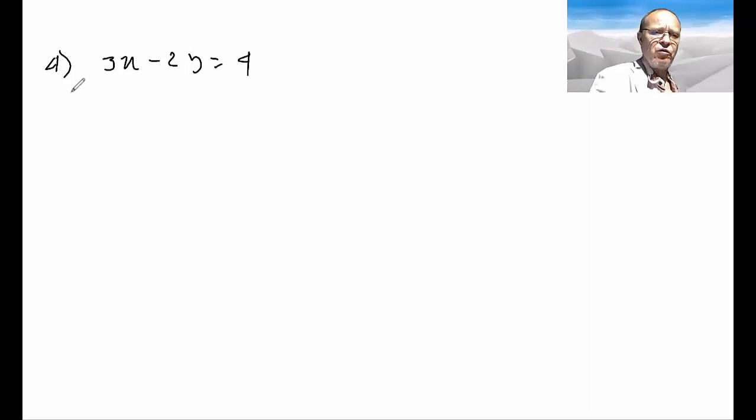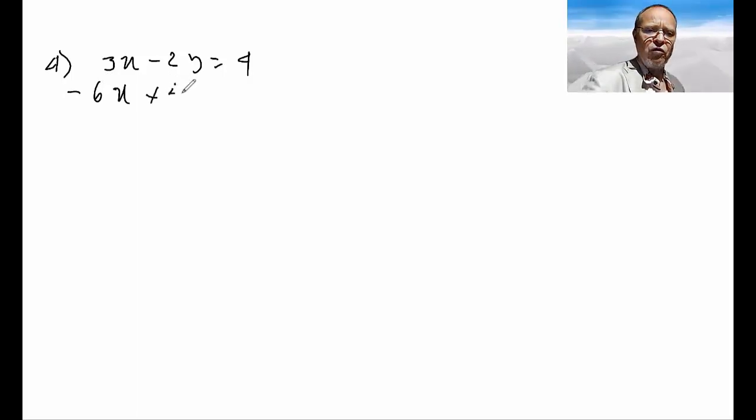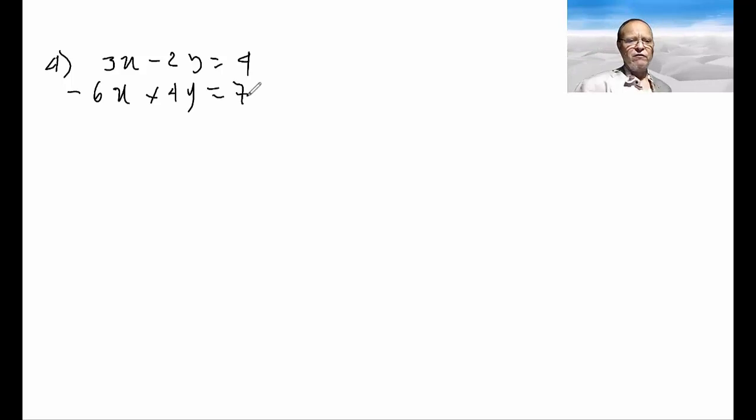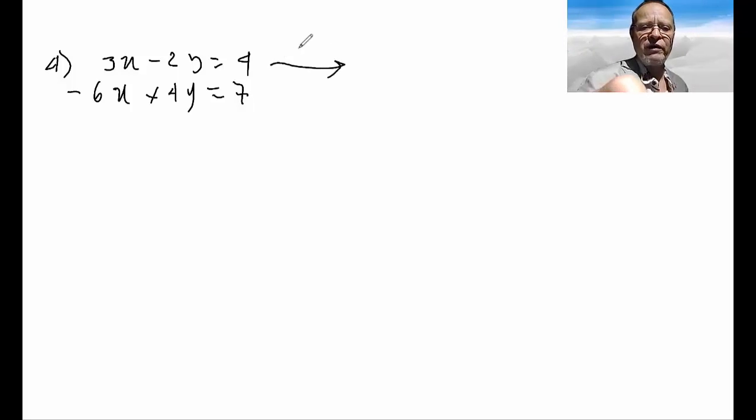And then the other equation is negative 6x plus 4y is equal to 7. So we just have to multiply one of these equations to have the variable drop out. And we can drop out the variable y by multiplying the top equation by 2.